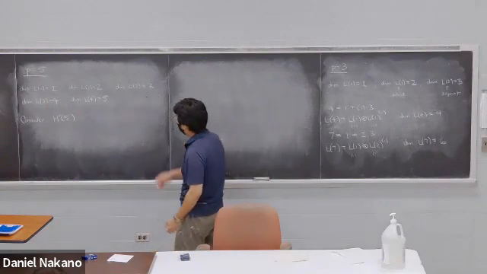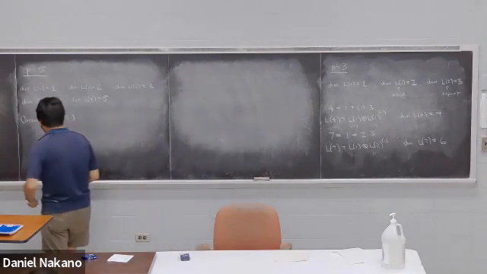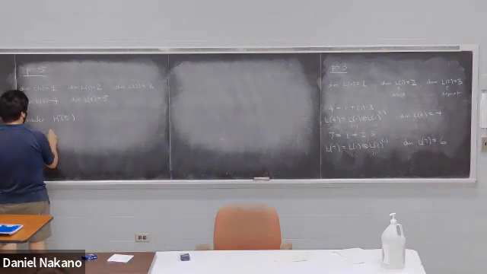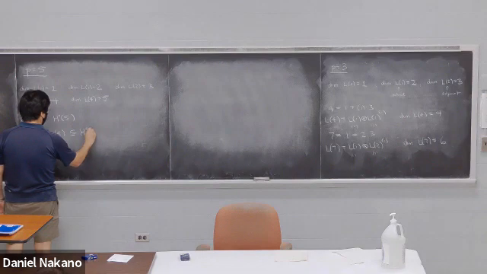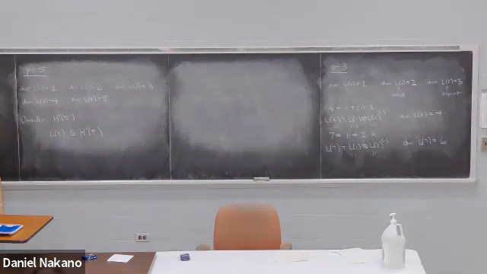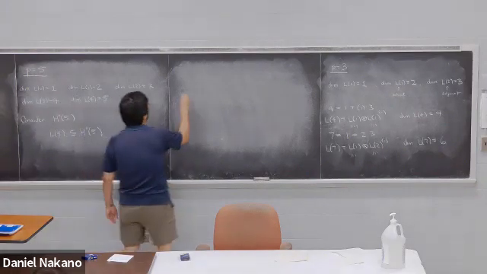Now, what do we know about H0 of 5? Well, first of all, L5 is a submodule of H0 of 5. It's basically the socle. Right? Now, what is the character of H0 of 5?